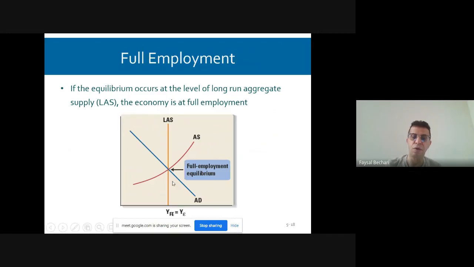This is the long run aggregate supply, where the full equilibrium is occurring, because any shift inward or outward of these two will not be kept for a long time and will shift back or forth. So if the equilibrium occurs at the level of the long-term supply, LAS, the economy is at full employment.